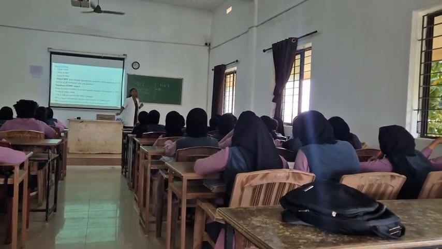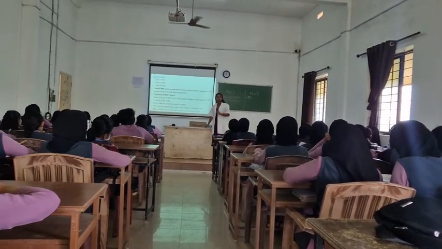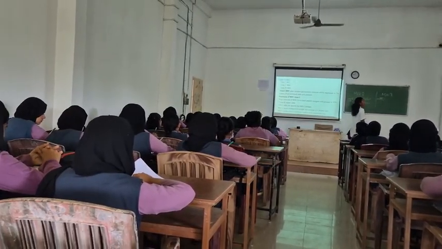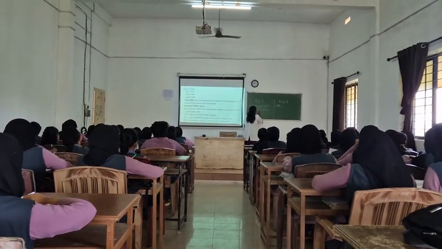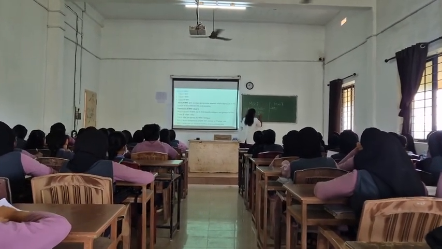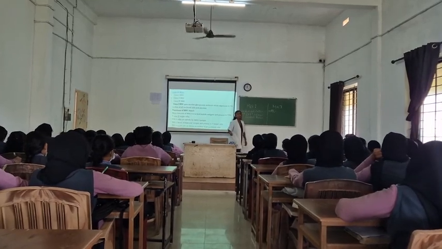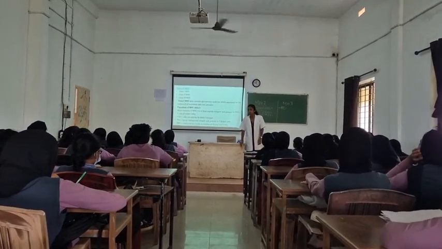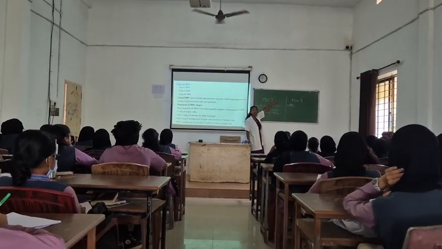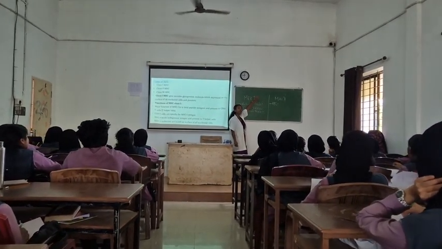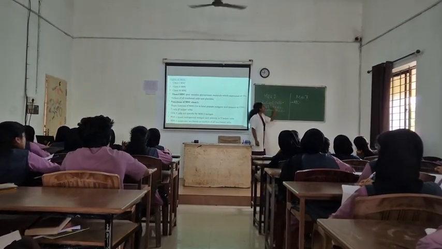We have studied already about CD8 T cells. Remember what CD8 T cells are? Cytotoxic T cells. CD8 plus T cells are cytotoxic T cells. Okay, so MHC 1 molecules will bind with the antigen and present this antigen to whom?